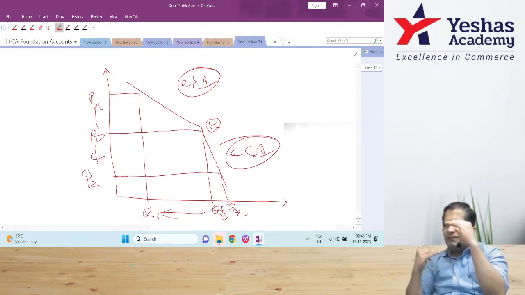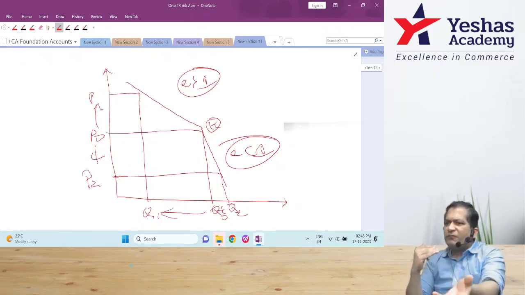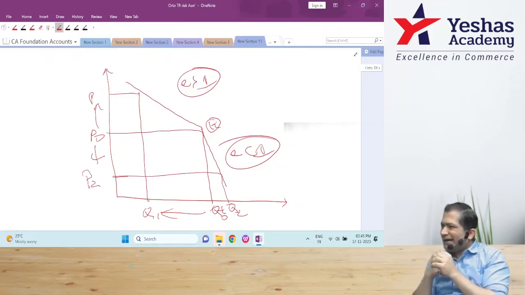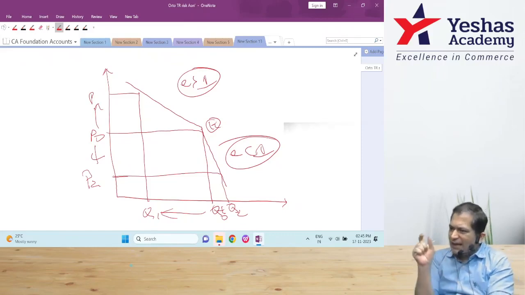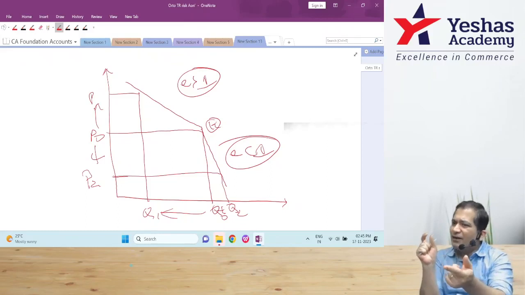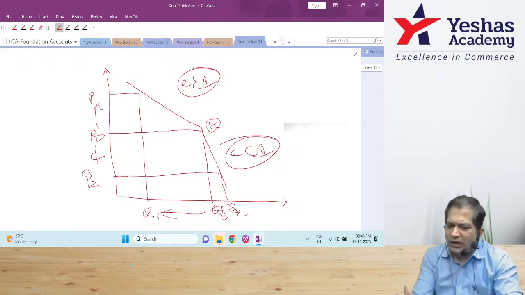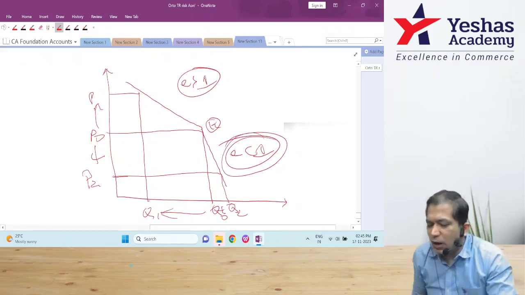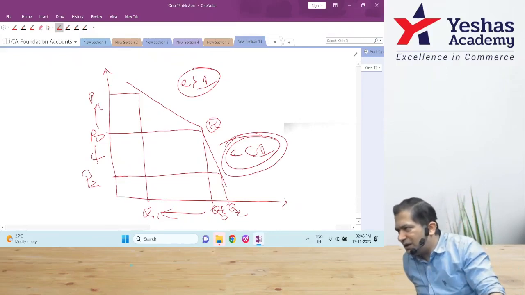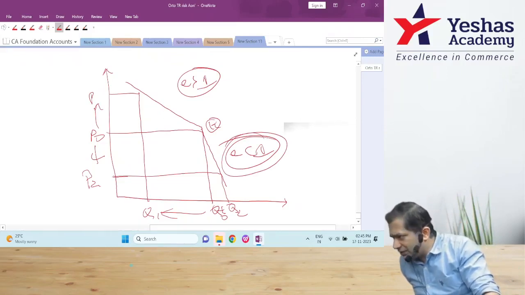The moment price differential is plugged, the customer flow from you to me will stop. So I will gain only by a small amount, only till the time when I have decreased the price and you haven't. Your customer will come to me. The moment you decrease the price also, your customer flow from you to me will stop. So the demand will become inelastic. So above the kink demand is elastic, below the kink demand is inelastic.